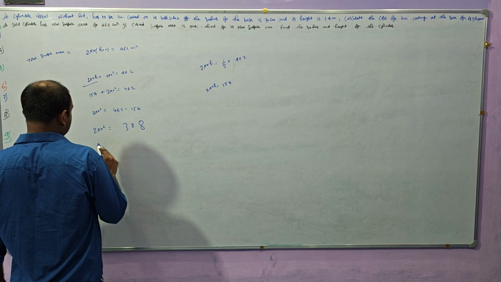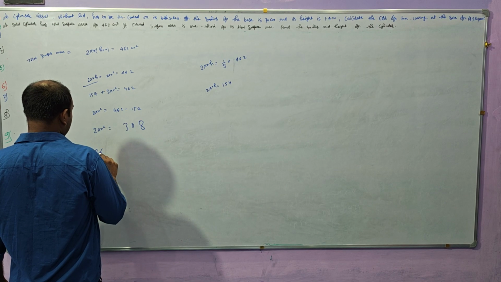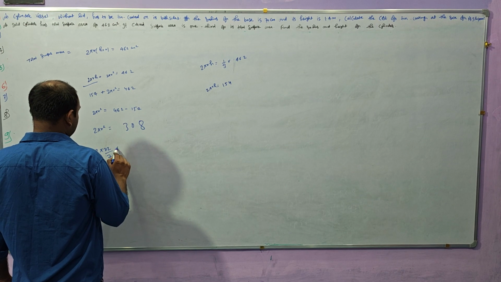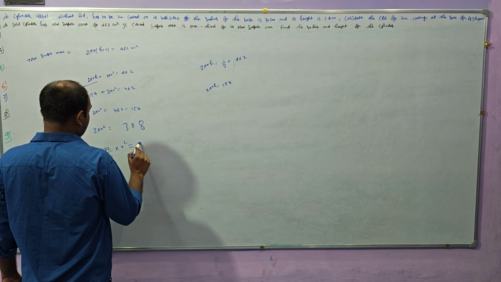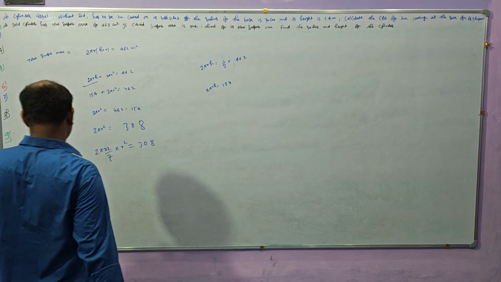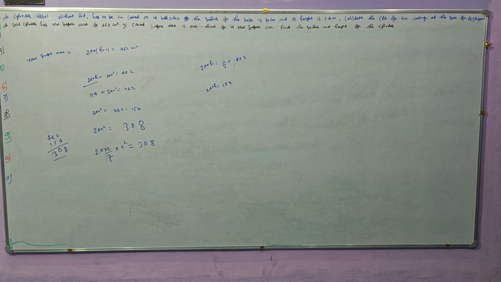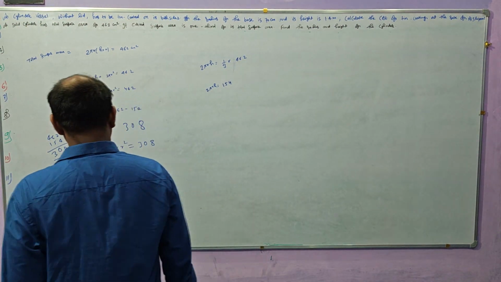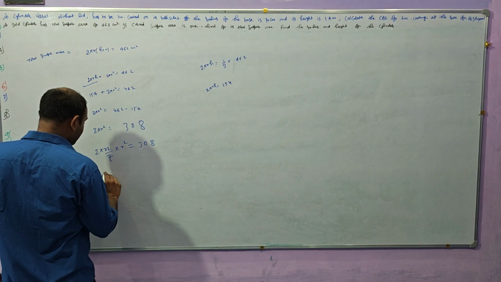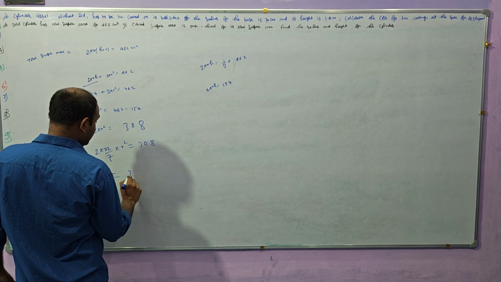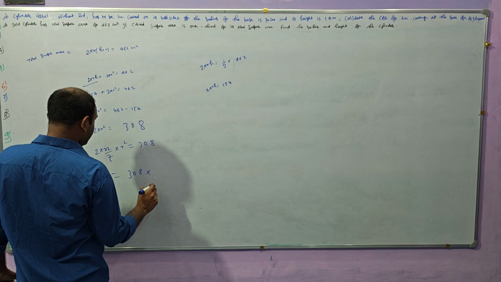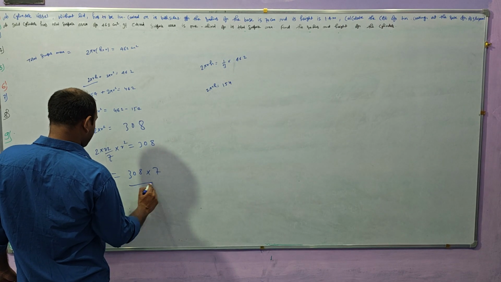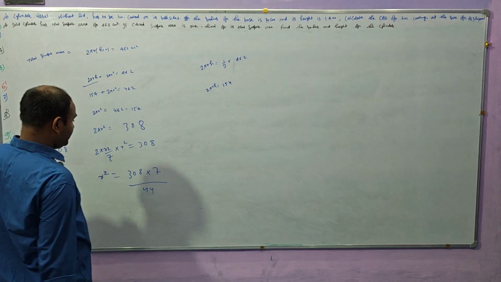So 2 into 22 upon 7 into r square becomes 308. So we can say that r square becomes 308 into 7 upon 44.